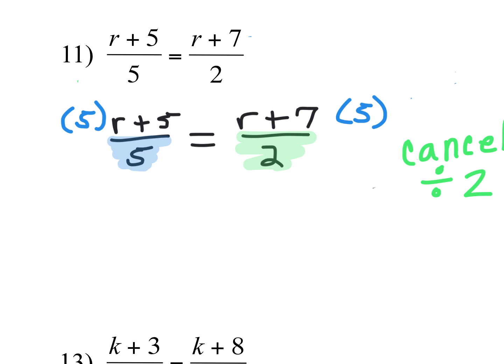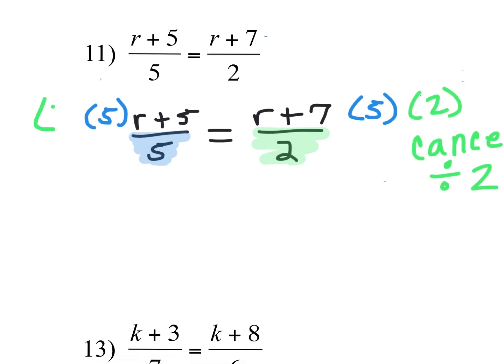But first, I'm also going to cancel out dividing by 2. What's the opposite of dividing by 2? Of course, that is multiplying by 2. So I'm going to multiply by 2 on both sides as well. Now I'm going to cross out anything that cancels.